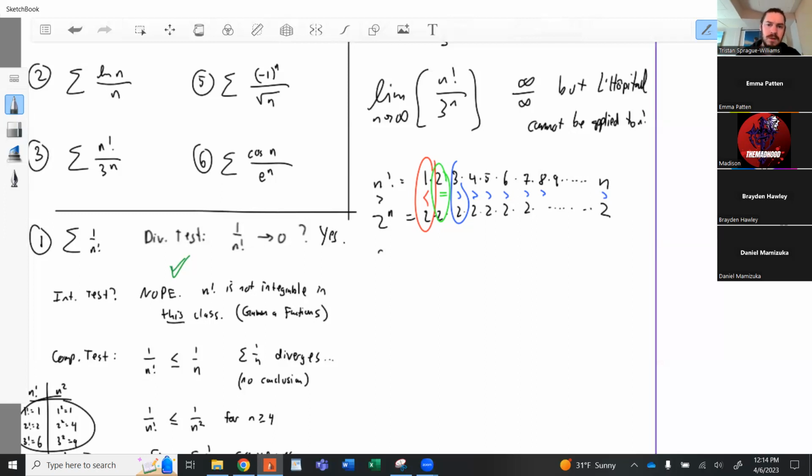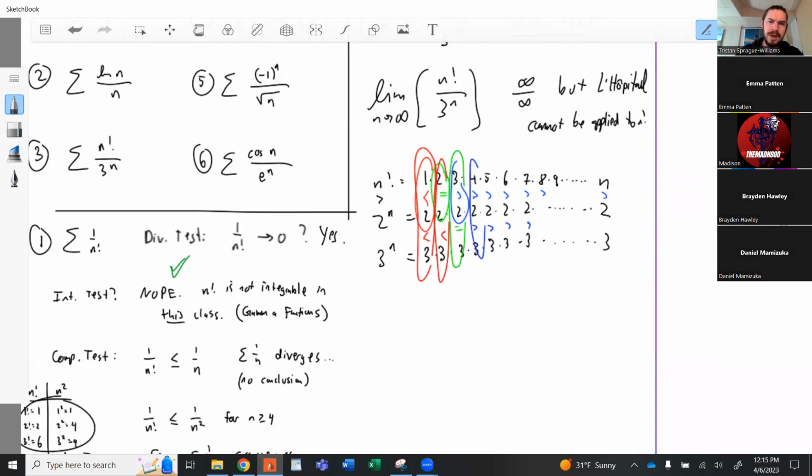Similarly, for 3 to the n, you might say 1 is less than 3, 2 is less than 3, 3 is equal to 3, and then after that we have 4 is greater than, 5 is greater than, 6 is greater than, 7 is greater than, and so on.